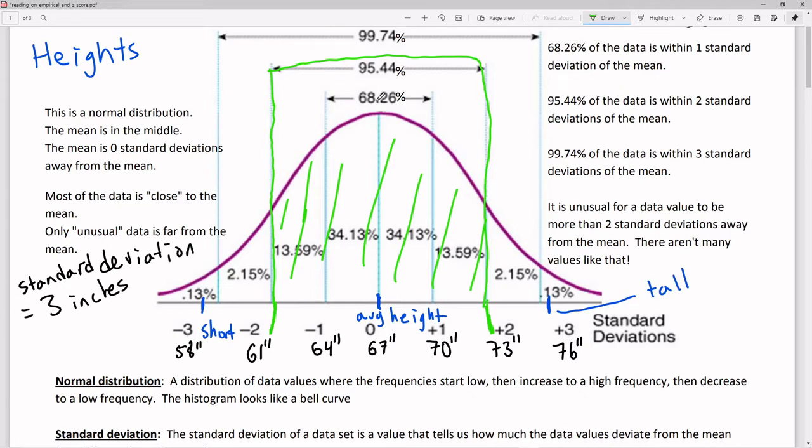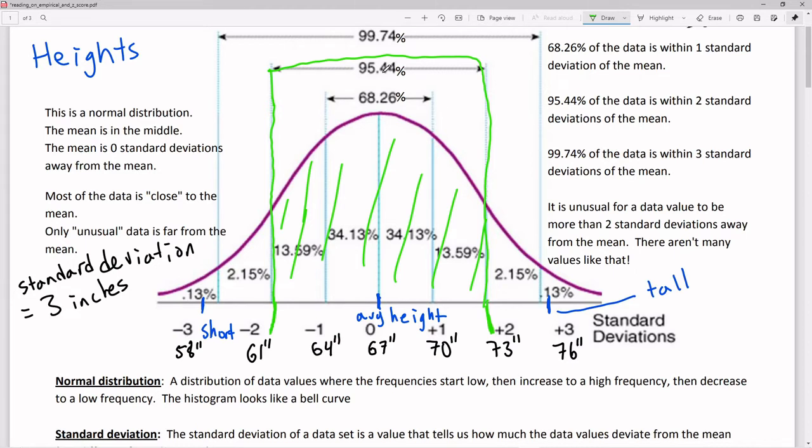That means that we expect 68% of people to have heights between -1 and 1 standard deviation. We expect about 68% of people to be between 64 inches and 70 inches tall. That's all this says. What's this one say?